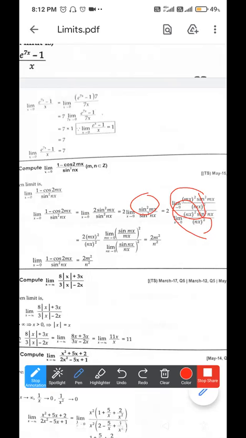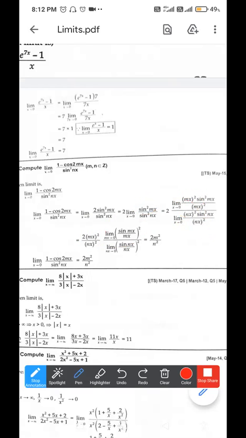After doing this, we'll apply the limit. Take this extra m square and n square to the left side and apply the formula. Limit mx tends to 0, sine mx by mx whole square by limit nx tends to 0, sine nx by nx whole square, which is equal to 2m square by n square.